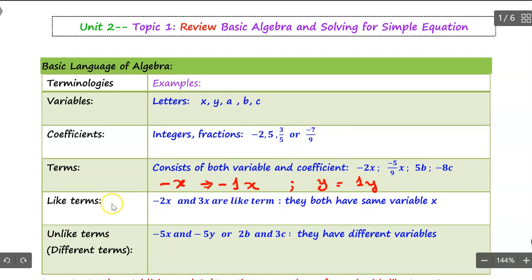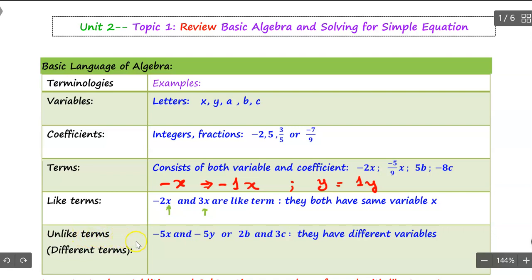Like terms means that I have the same variables in each of my terms. So -2x and 3x are like terms because they have the same variable x. Therefore they are called like terms. So variables and coefficients make up a term, and when we have terms, we either have like terms or unlike terms.